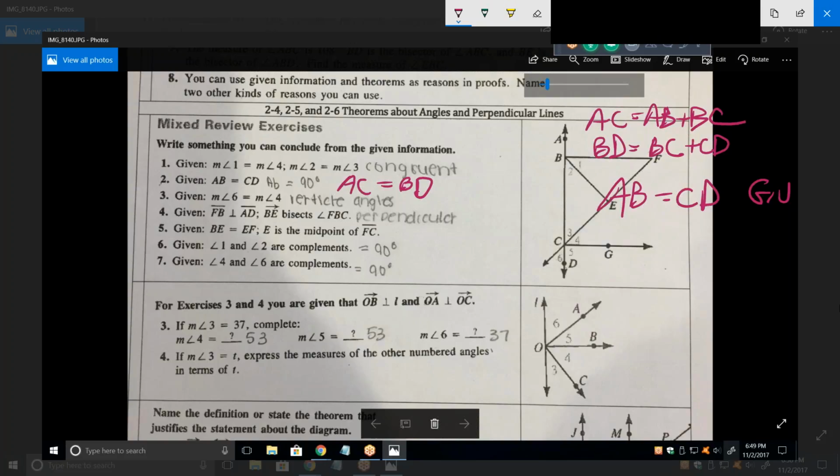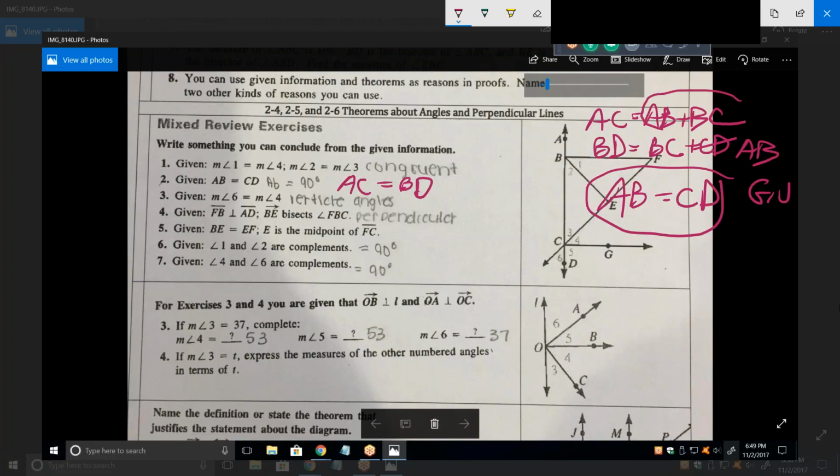Hold on a minute. Yeah, BC is equal to itself. So if AB equals CD, then I can substitute AB. And BD is definitely BC plus AB. And AC is definitely AB plus BC.